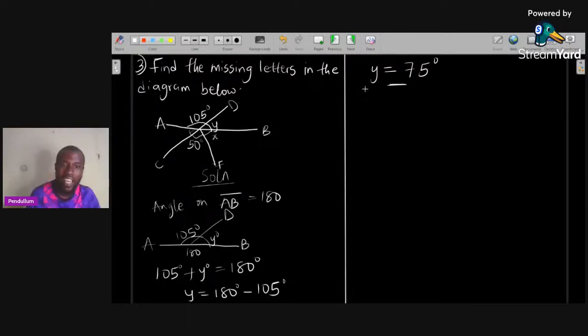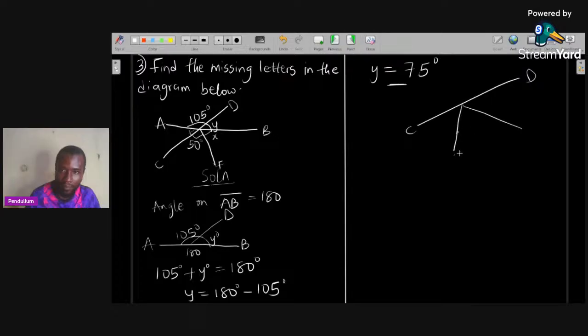Now we need to find X. How do we find X? Now I'll draw this line CD. Line CD is divided into three, with a line like this and another one like this.